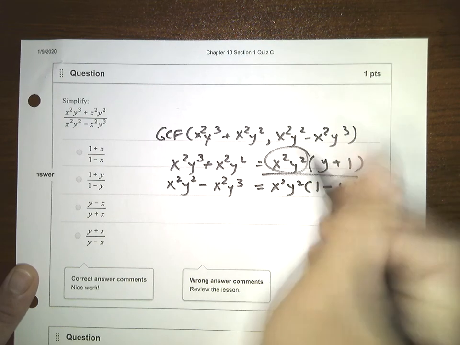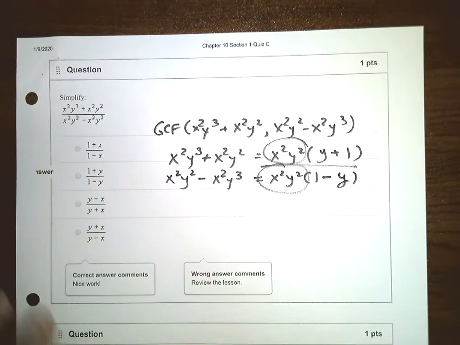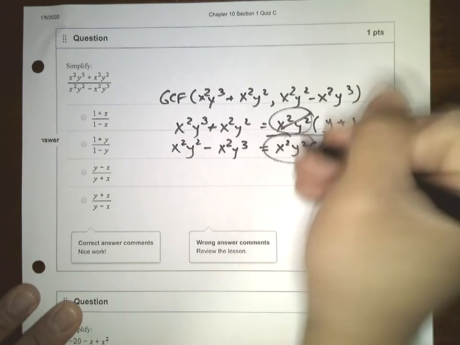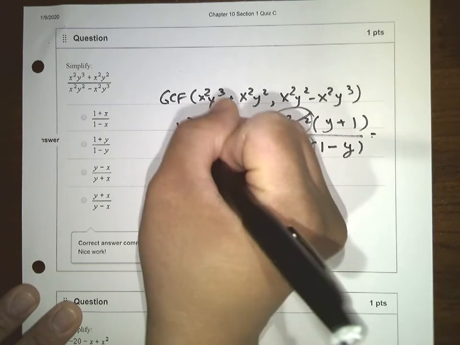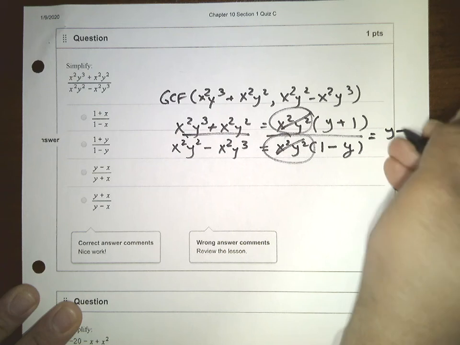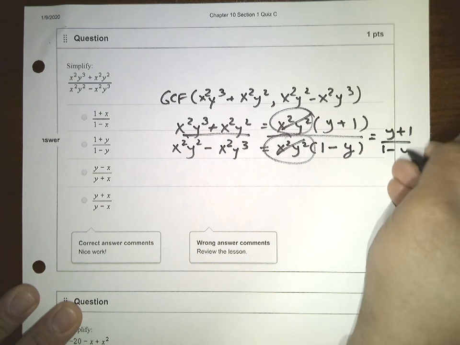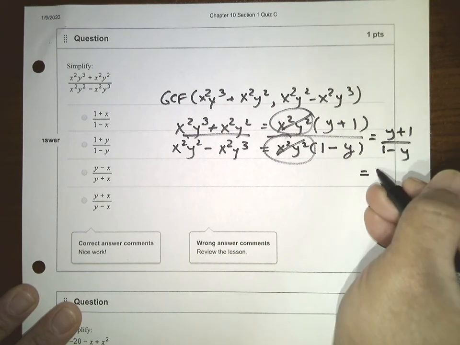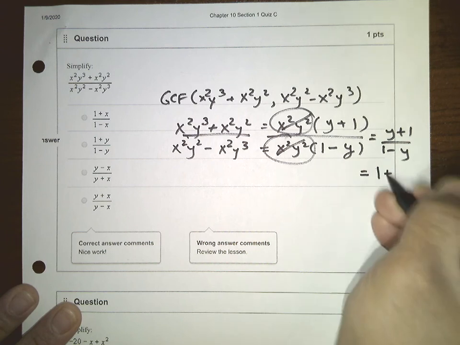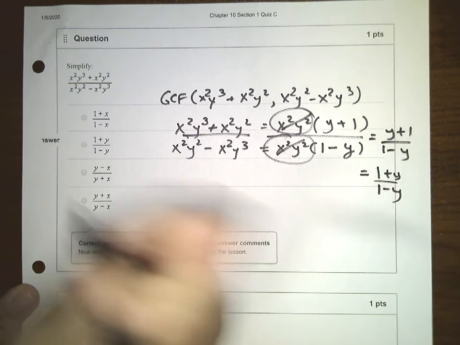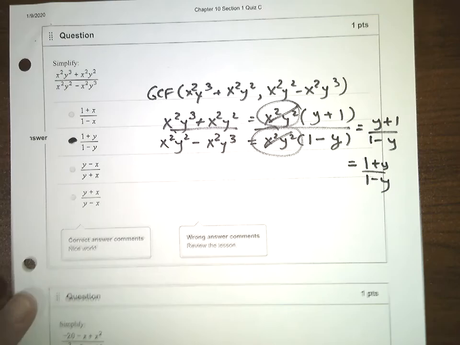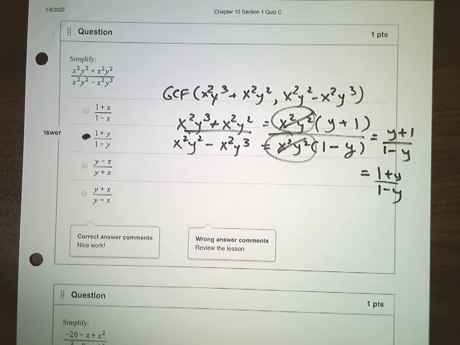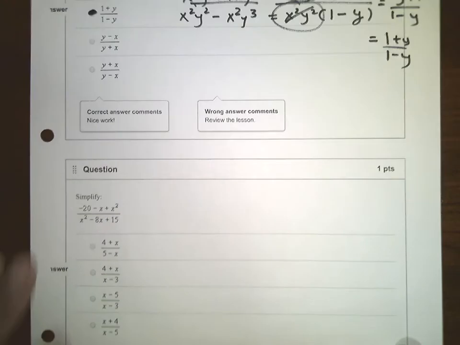So the GCF is x squared y squared. So I can divide this out, and I'm left with y plus 1 over 1 minus y, or the y plus 1 can be rewritten as 1 plus y. So my final result is 1 plus y over 1 minus y. Alright, what a time to be alive.